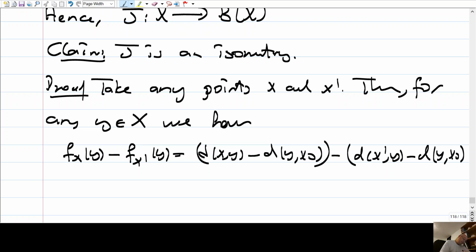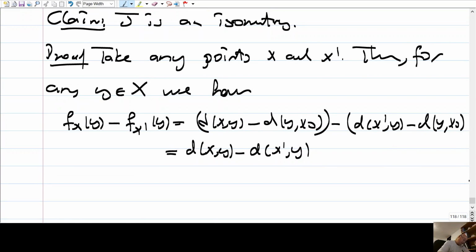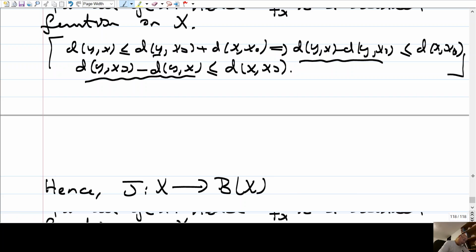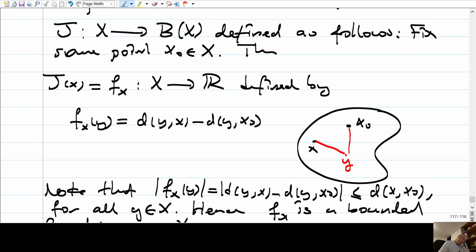So these are the same, you see that, right? These are the same. So this is just d(x,y) minus d(x prime,y). But you see, this is just similar to the above term we just saw. This is the same thing basically.